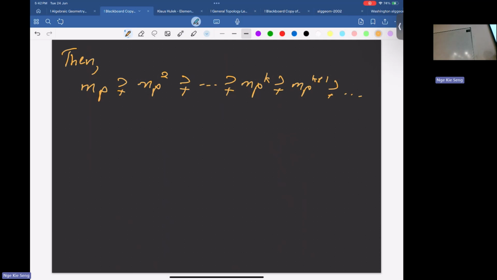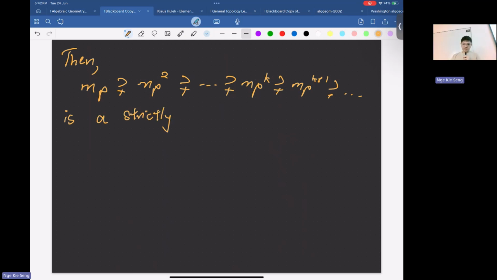Something in MP might not be in MP squared. How to get MP squared? You just take elements in MP and multiply together, and you can do that because it's an ideal. But something in MP squared might not be in MP. But now here is a strict containment.